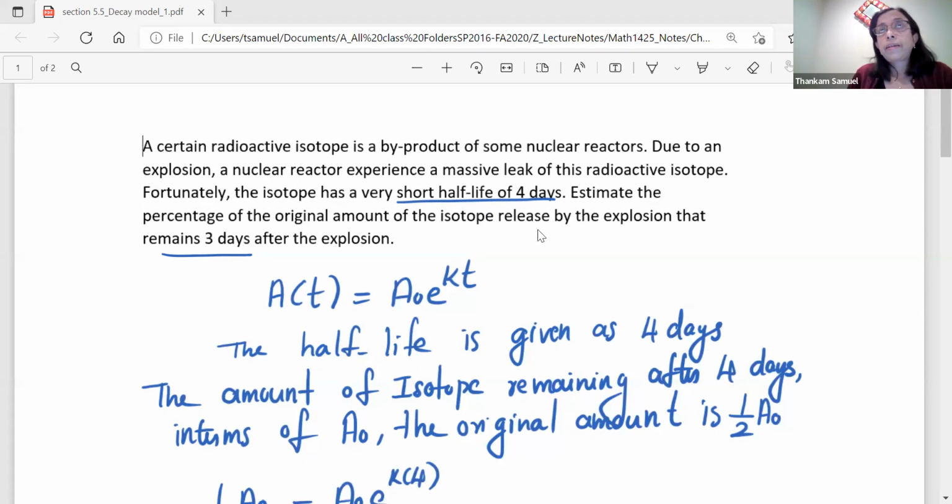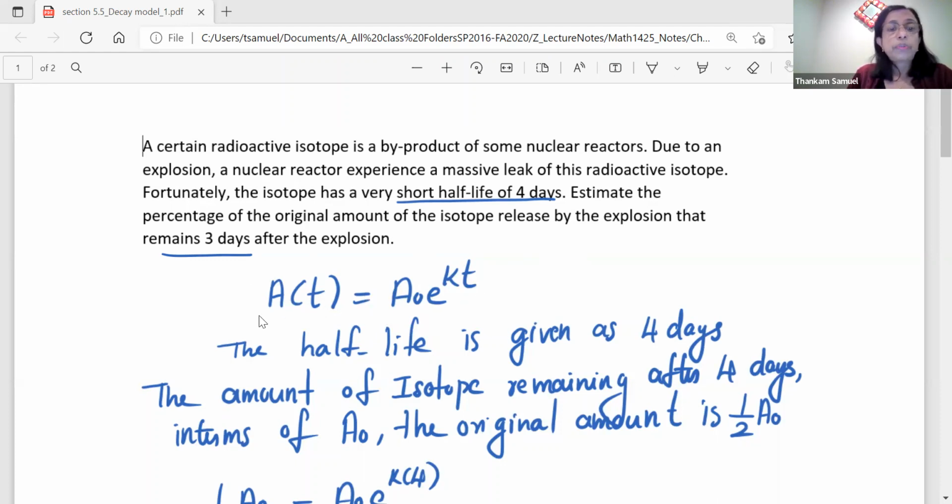So here we can consider the decay model as the exponential decay model, A of t equals A sub 0 e to kt. You have seen some problems based on the exponential growth model. There we used the letter P, P of t equals P sub 0 e to kt.